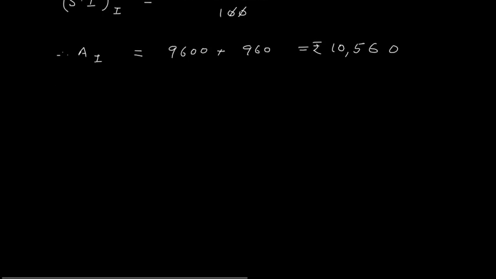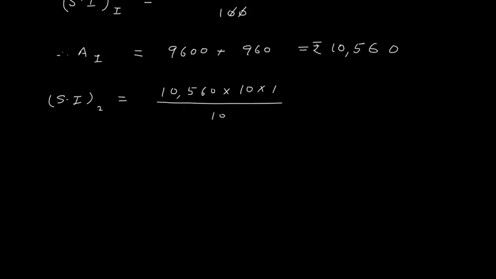So my principal for second year will become 10,560. So simple interest for second year will become 10,560 multiplied by 10 multiplied by 1 divided by 100. So here we get answer as rupees 1056. Now this 1056 is interest.